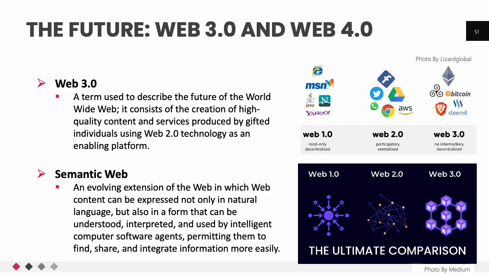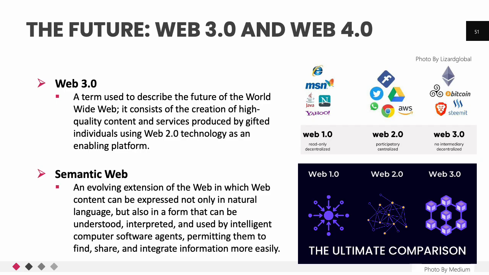The term used to describe the future of the World Wide Web, the 3W, consists of the creation of high quality content and services produced by gifted individuals using Web 2.0 technology as an enabled platform.